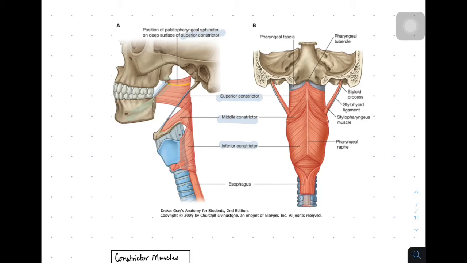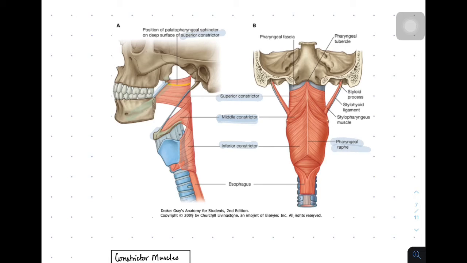It goes on and attaches to the common insertion, which is the pharyngeal raphe. Now the middle constrictor originates from the greater cornu, body and the lesser cornu along with stylohyoid ligament. This is the origin for middle constrictor, and it goes on and attaches to the pharyngeal raphe.